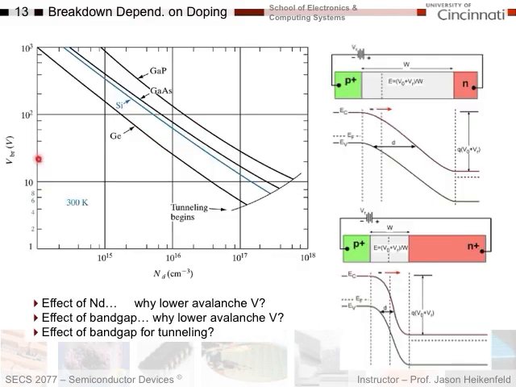So here is a plot of breakdown voltage versus doping level. You can see this for all these different semiconductor systems, and this is assuming a P plus N diode, so they're just plotting the N-type concentration here. You have silicon, germanium, gallium arsenide, and gallium phosphide diodes. You can see for all of them, like silicon, as you increase your doping level, your breakdown voltage decreases.